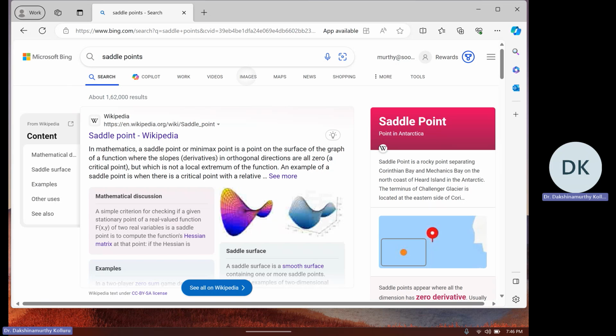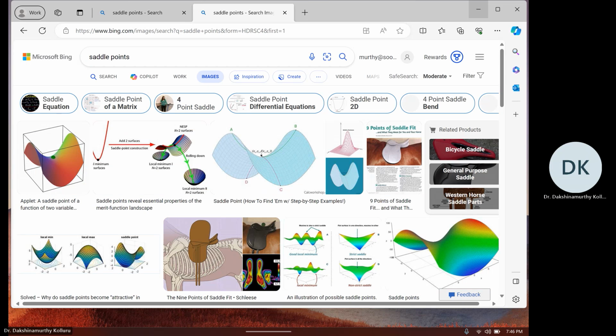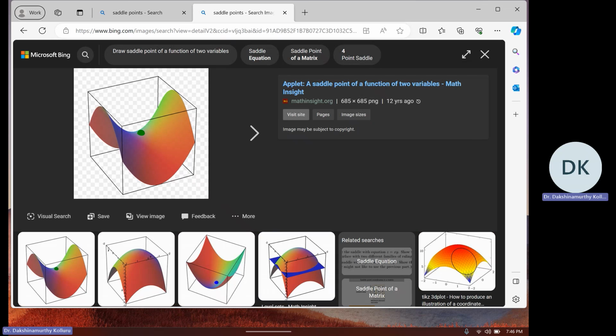So let's go to images. Take this point. If I look in this direction, this is a minima of this curve. If I look in this direction, this curve, this is a maxima.